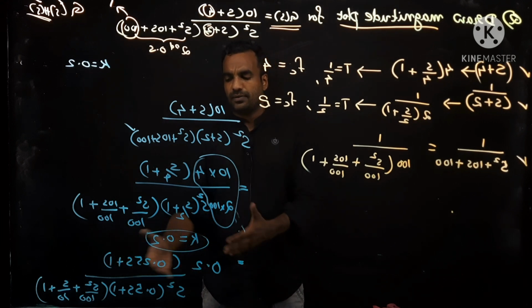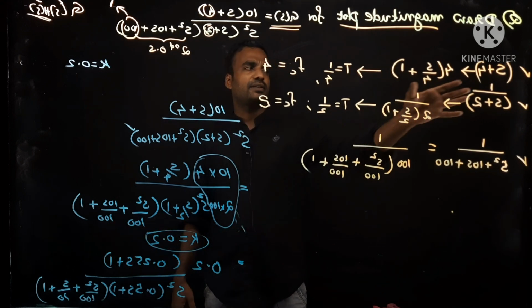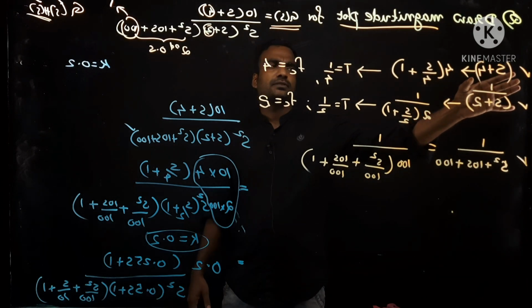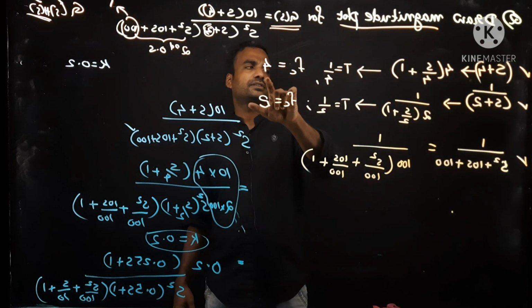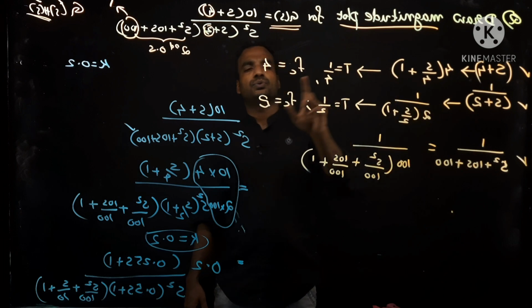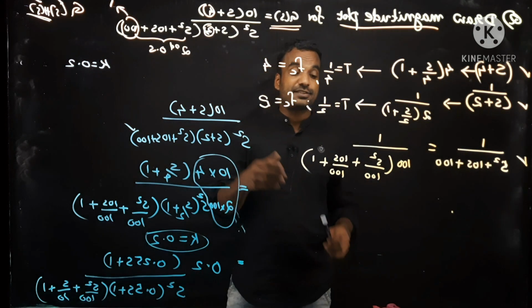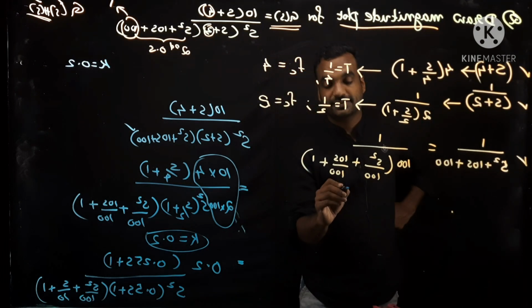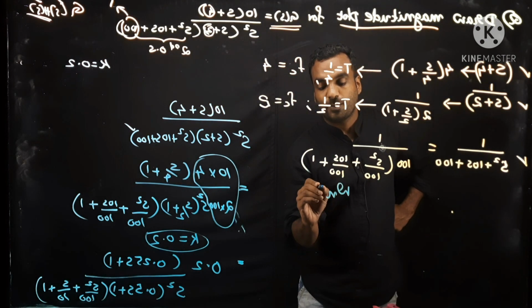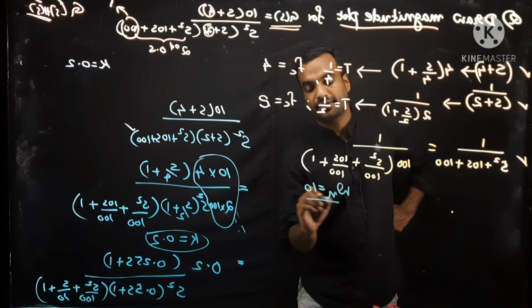Also, during the rearrangement, we can check that for the term s plus 4, its corner frequency is 4. For 1 by s plus 2, its corner frequency is 2. For the second order term, that is a different thing: omega n square is given as 100, so omega n is 10.